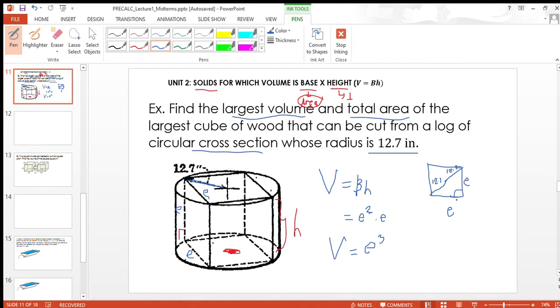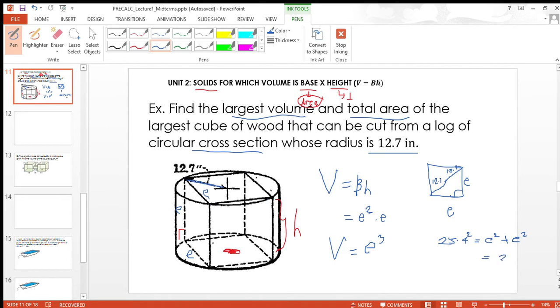We have a right triangle, which means if we want now to solve for E, we have the Pythagorean theorem. 12.7 plus 12.7 will be 25.4. 25.4 squared equals E squared plus E squared. Okay?